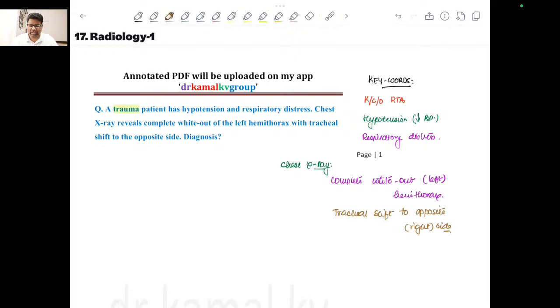Pranati, very good morning. Now, I have deliberately kept this question, and the very first instance, I think Pranati, your first thoughts are absolutely right. The moment you give the case of road traffic accident, hypotension, respiratory distress, the very first thought may be tension pneumothorax. But what I have done here is used this word whiteout, right?